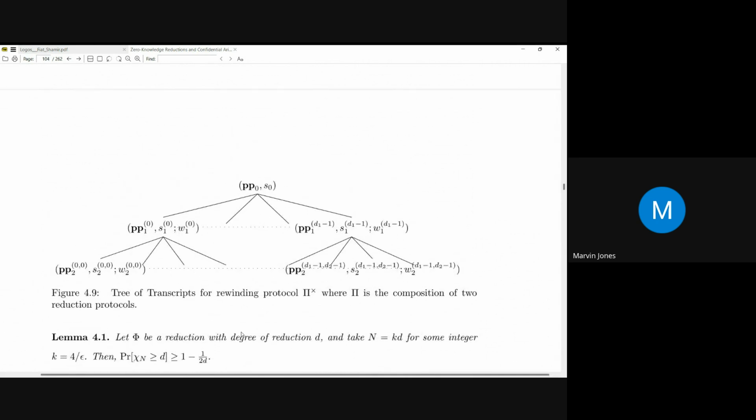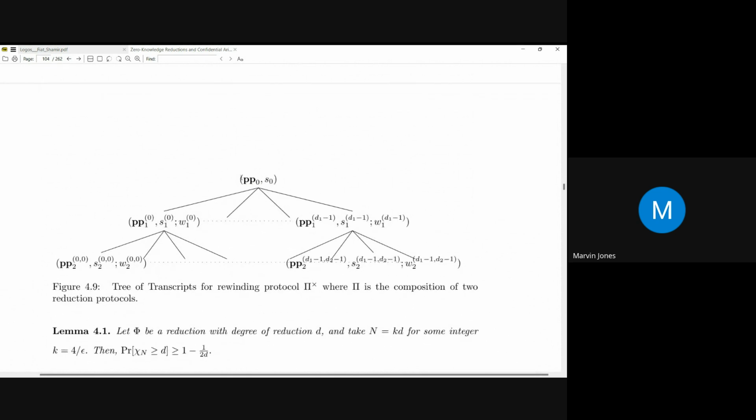Now, so the rewind. Oh, this is actually perfect. Sorry. Yeah. So right here is essentially a tree that is formed from the rewinding lemma, or the forking lemma. And what happens is from the public parameter initial statement, you work your way down through different challenges to different paths of your statement, and each of these paths on this tree is going to be a transcript for the overall argument.